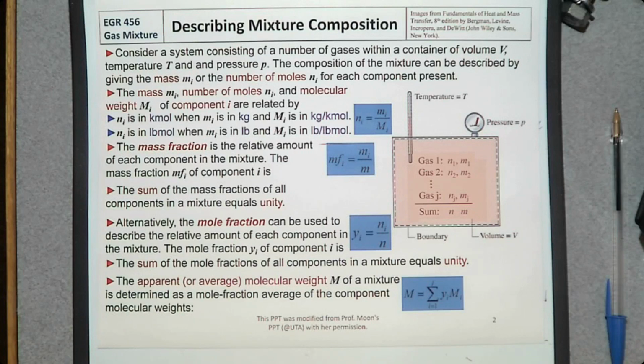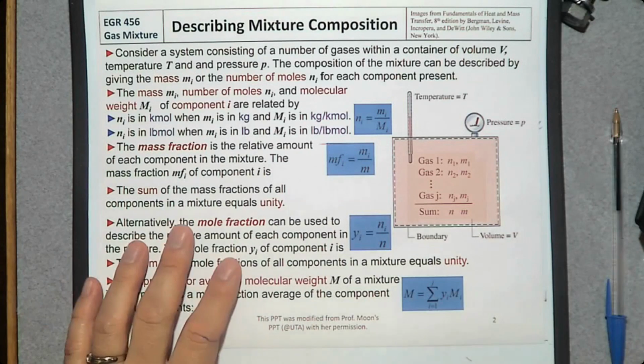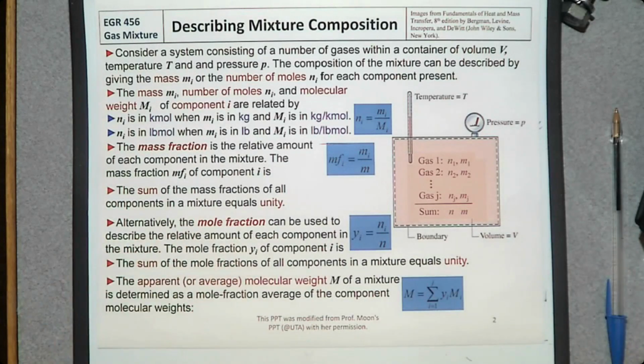You have air, which is oxygen, nitrogen, carbon dioxide, etc., and there is water, H2O. So when we talk about moist air, which is the actual air, rather than the dry air that we used in EGR456, most of the gases that we study are mixtures. So we need to know how they are mixed. So that is mass fraction.